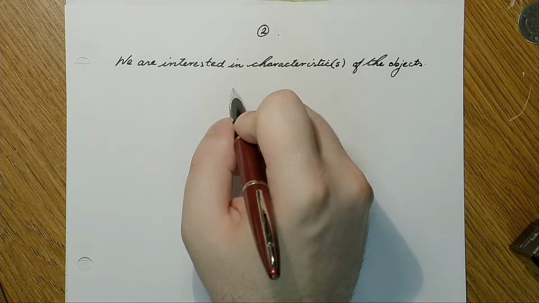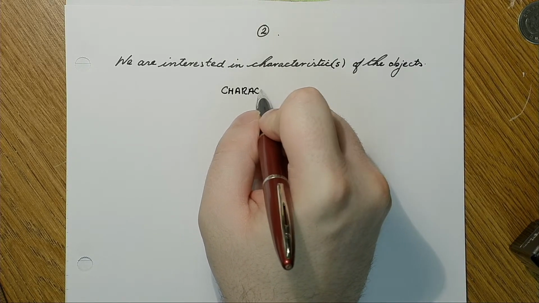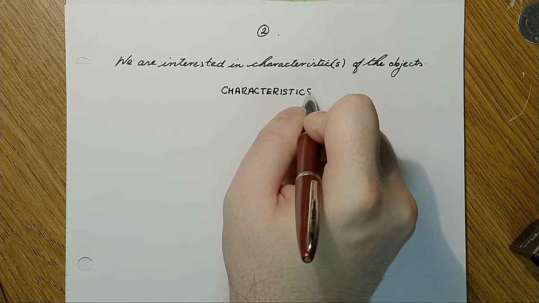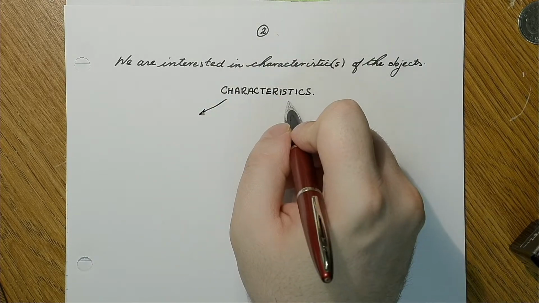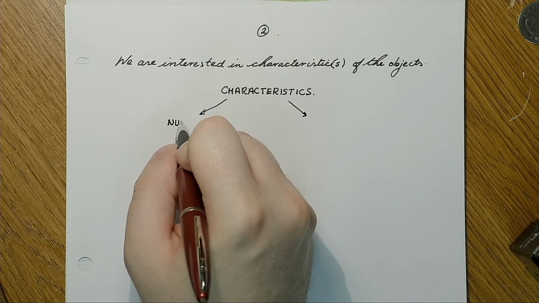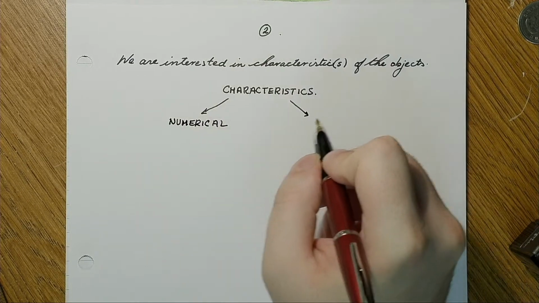Okay, so we have characteristics. And they kind of fall into two classes. We can have numerical, and we can also have categorical.